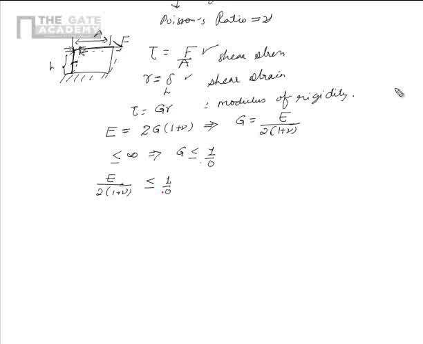So I just rearrange this. So this 0 goes here and this goes here. So that becomes 0 less than or equal to 2 times 1 plus nu, which is nothing but saying that 0 is less than or equal to 1 plus nu, or nu is less than or equal to 1.